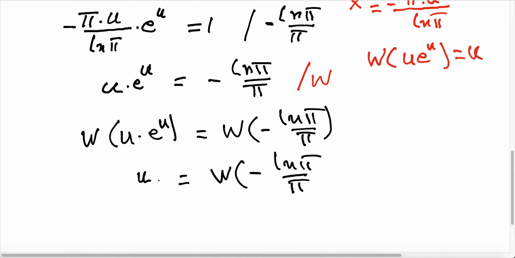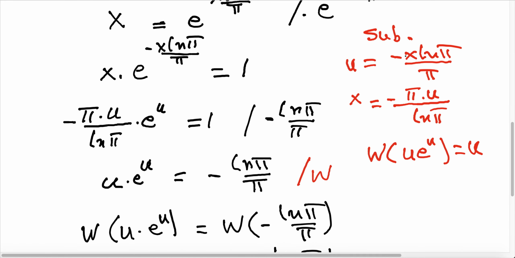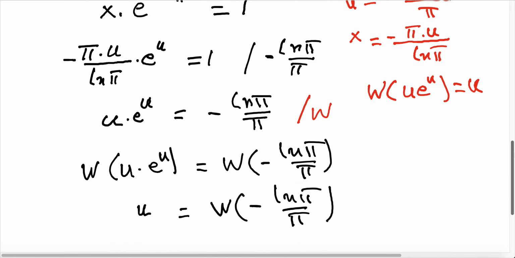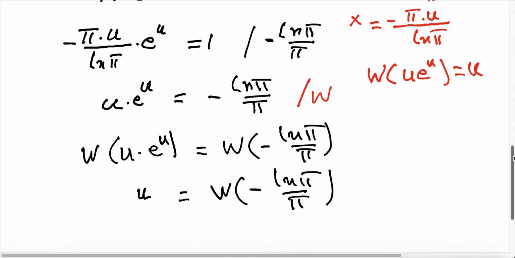But now we want to find u in terms of x. We already know, if we go a little bit back, that u is minus x ln pi over pi. So instead of u, I'm going to substitute this value here. If I'm substituting that value, I'm going to get as follows.